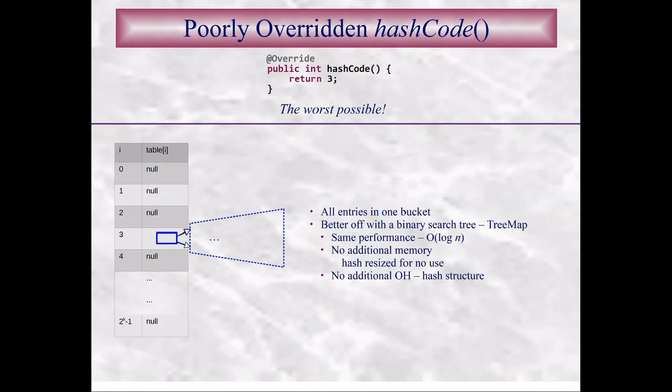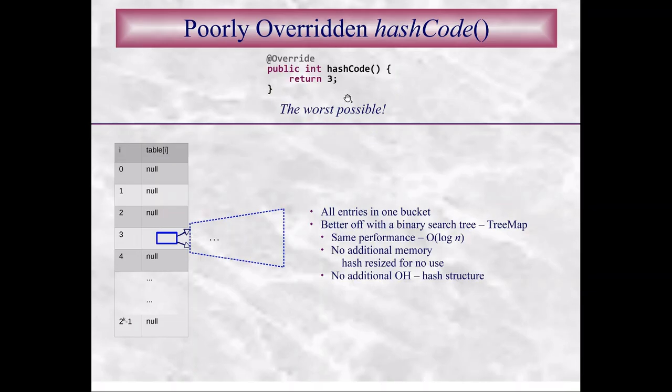I'll next talk about the overall HashMap performance, but before that, let's pin this down as well. This is a poorly overridden hashCode. It's obeying the contract, nothing wrong with that. In fact, it couldn't be disobeying it because it's returning one specific value for all the objects there are. But then it's sending all the keys to the same bucket, one specific bucket.